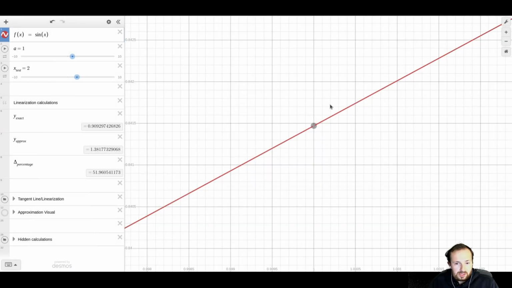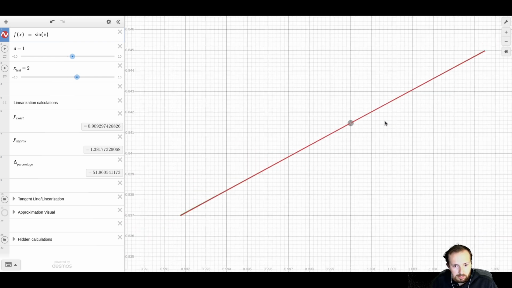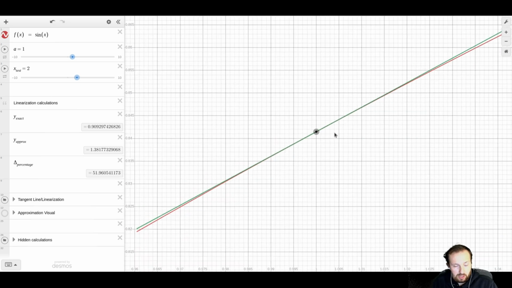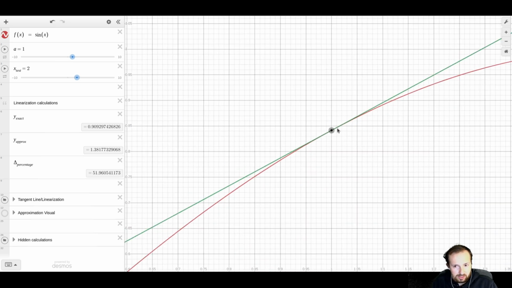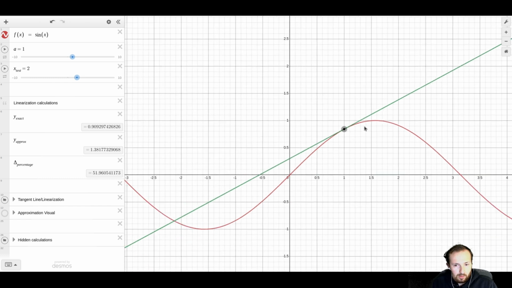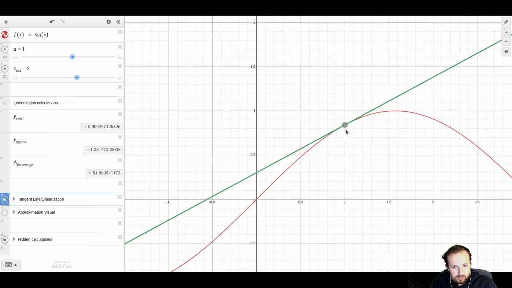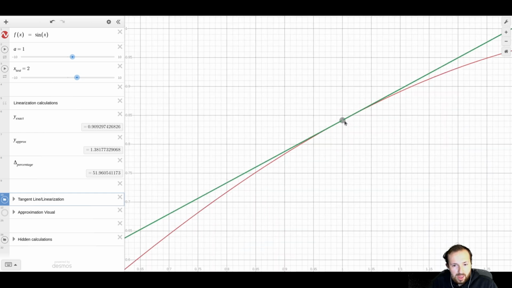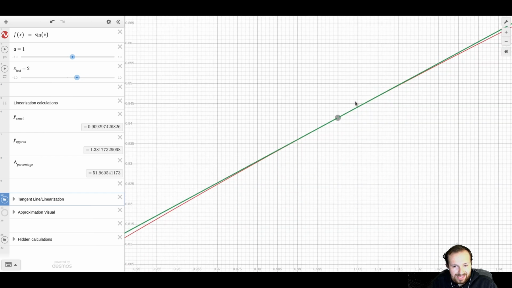So basically, we can pretend like this function is a linear equation. Obviously, as we zoom out, it's going to look less and less like a straight line, and more like the original one. But that green line is what we can pretend that the function is at that value. Because again, as we zoom in really, really far, the red and the green line are essentially indistinguishable from each other.